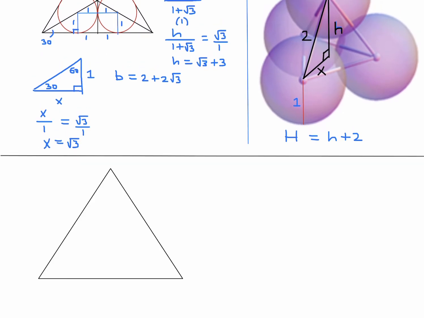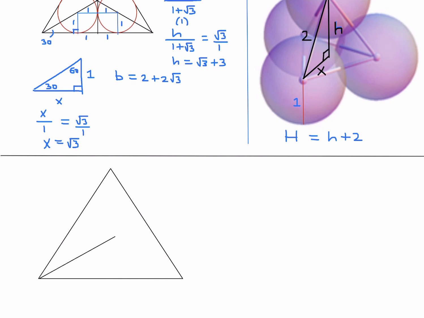Now what I've done next to help figure out the value of X is drawn a triangle. Now that triangle that I just drew is this triangle right here. That one. I just drew it sort of flat, like a bird's eye view. And now let's talk about what is h and X. Well, h obviously is in 3D, so I'm not going to worry about that right now. I'm just going to concentrate on X right here.